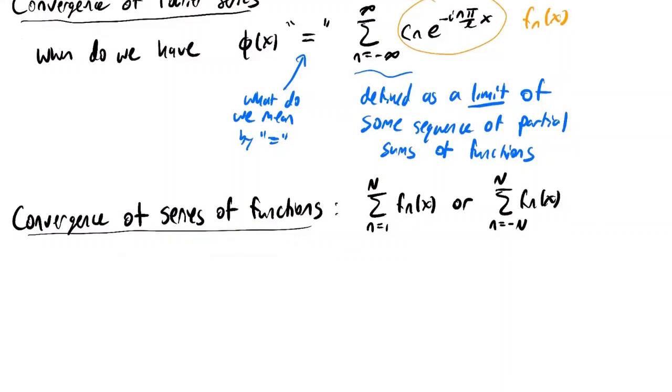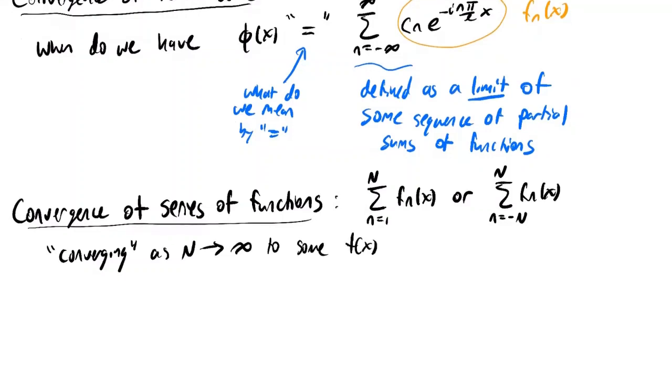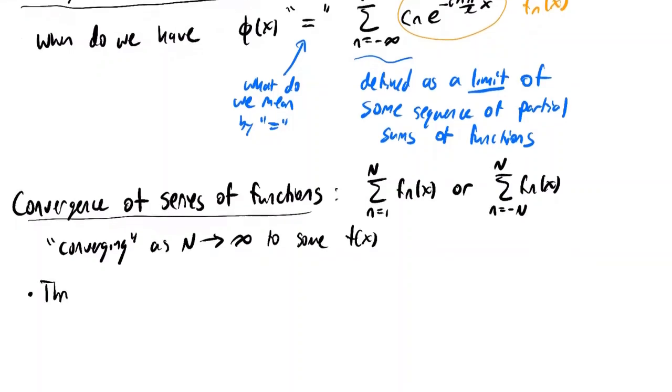And we're going to study converging as N goes to infinity to some function f of x, right? And so it's going to turn out that there are three important notions of convergence which we'll be working with. I mean, there's more than three important notions of convergence, but for this class, there are three that we'll be working with.